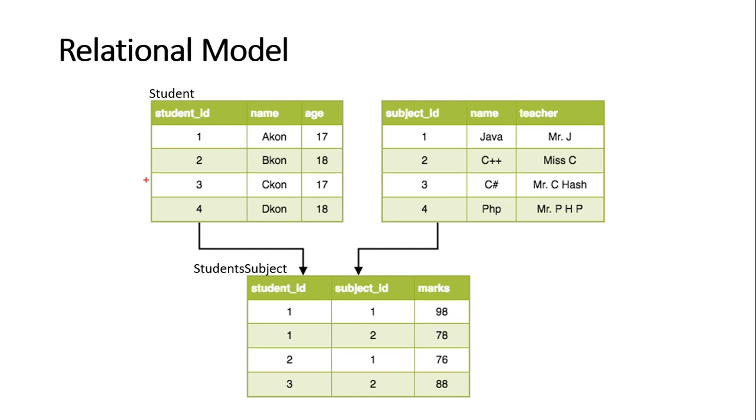Everybody has the same number of fields, and the fields may have the same data type also, like int, float, character, string, and so forth. So the size of every record is fixed, with a fixed number of fields.